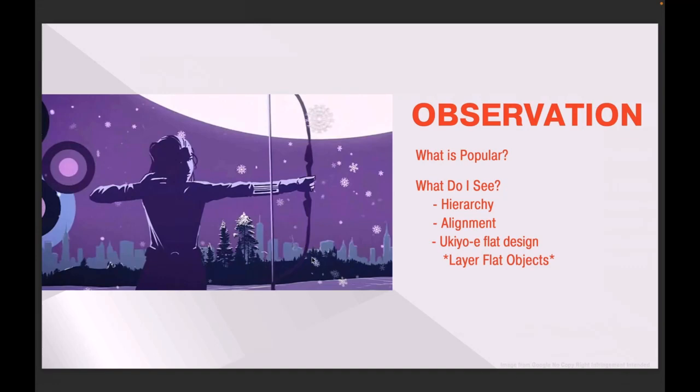For example, the background is the purple and bluish color of the cityscape, the middle ground is this woodland area, and the foreground is the main character. And we're also seeing how everything is aligned.